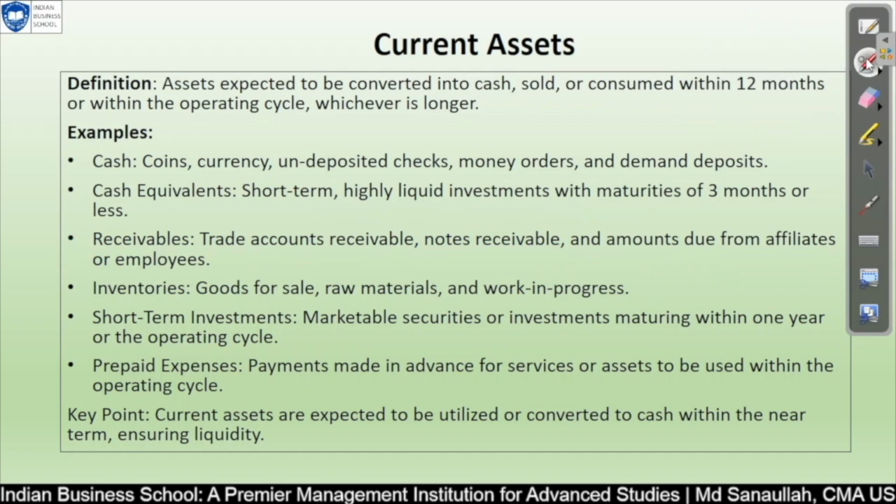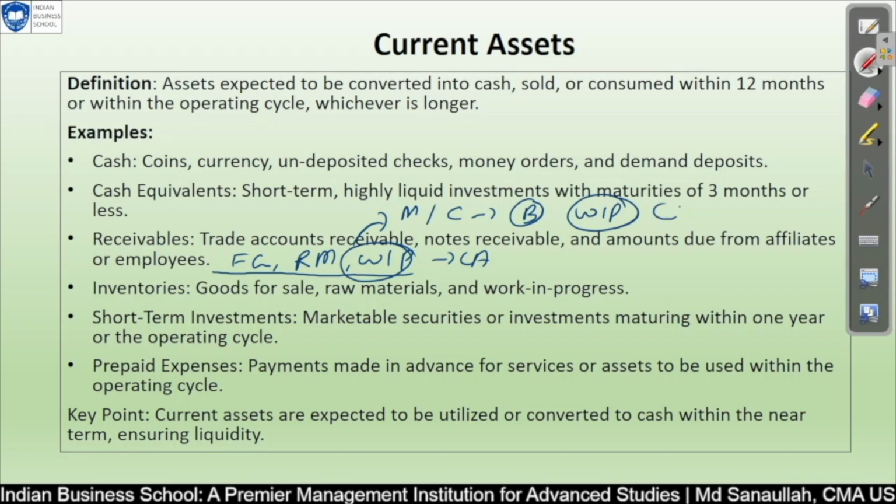If you talk about inventory, when you buy inventory there are many types: finished goods inventory, raw material inventory, WIP related inventory. All these are considered as current assets. Work in progress you might normally see in manufacturing and also in construction. When you are making a building, you are buying raw material and a number of things, so all these things will go to your WIP and will be considered as a current asset.